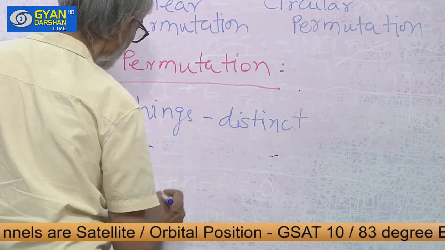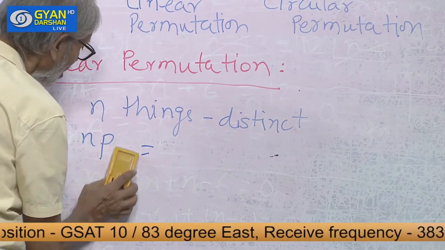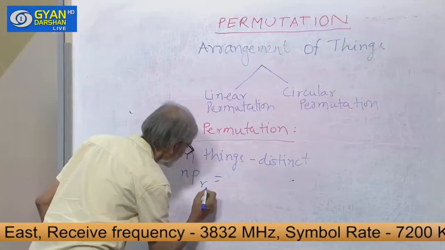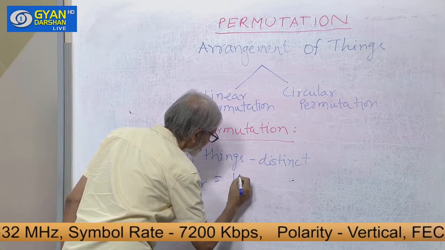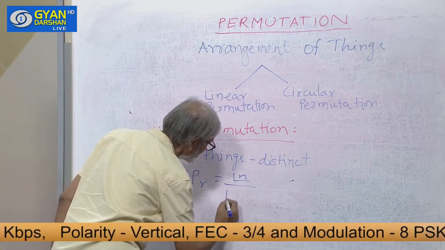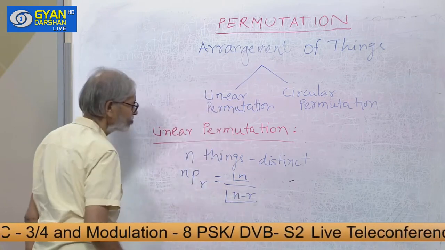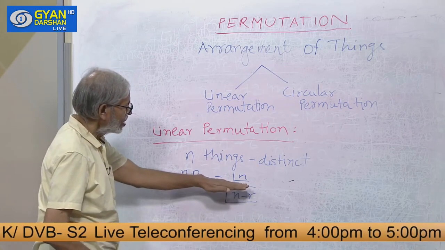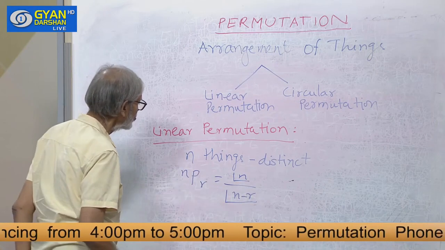Rather, I should write a general formula, nPr, then the formula is factorial n divided by factorial n minus r. So, you see, last time we studied factorial and we are going to use it here.